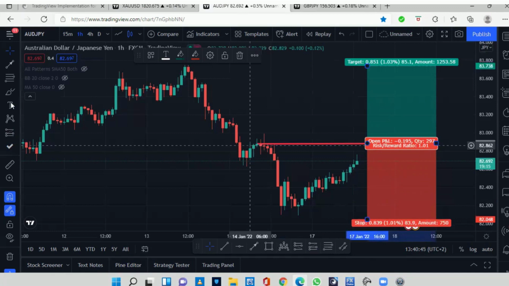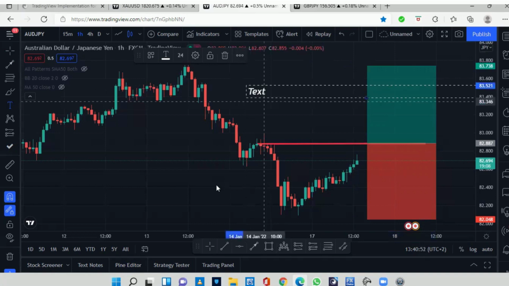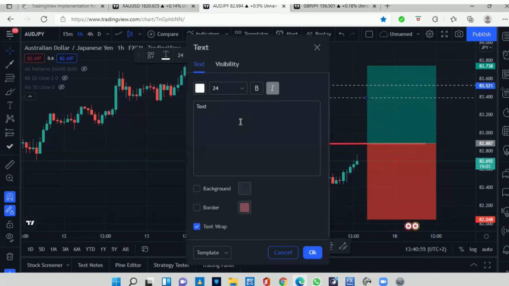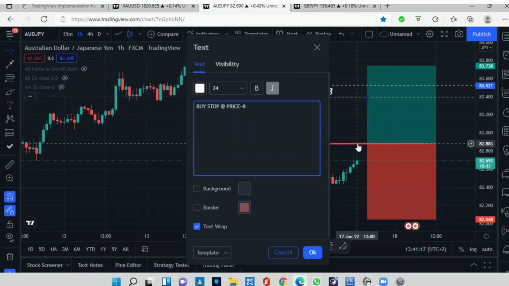So how would our parameters be? Our buy stop order would be at the price, this is where it would be, 82.883.